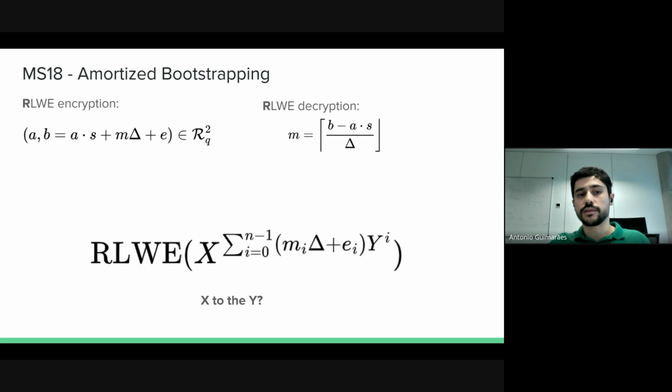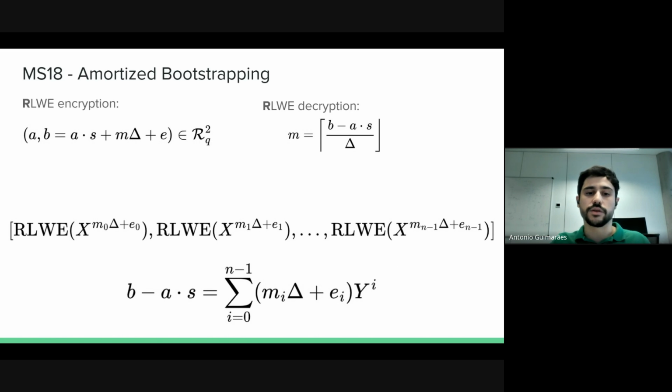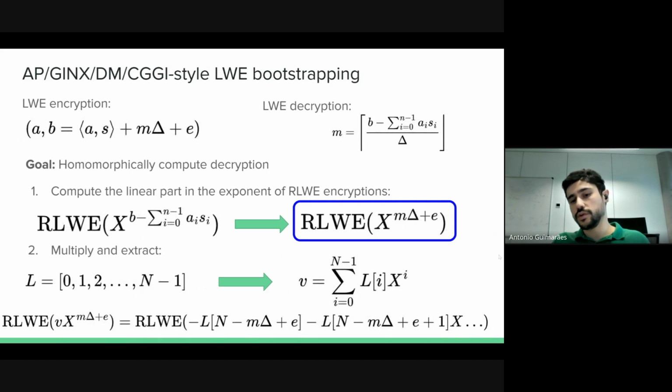So what MS18 actually proposes is a list of RLWE samples such that each element of this list encrypts in the exponent a coefficient of this polynomial in y. If we remember the normal LWE bootstrapping, once you have x to the n plus e, you can continue the normal bootstrapping, multiply by the lookup table, and extract.